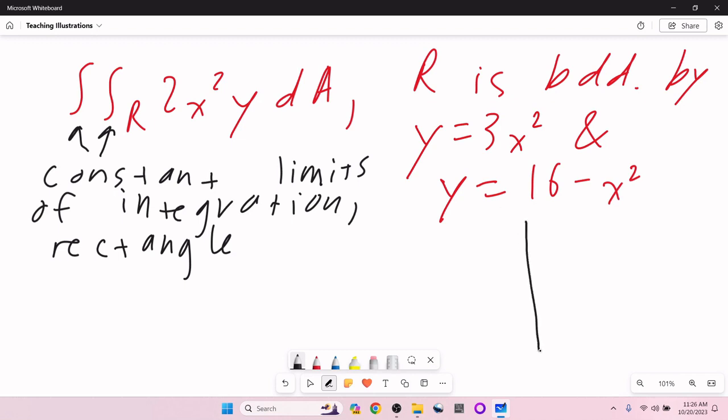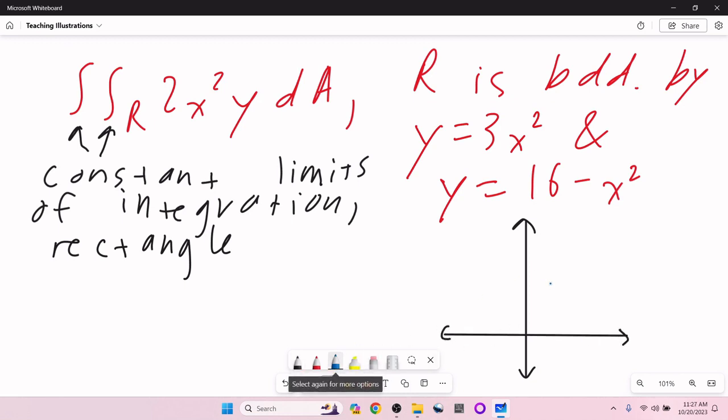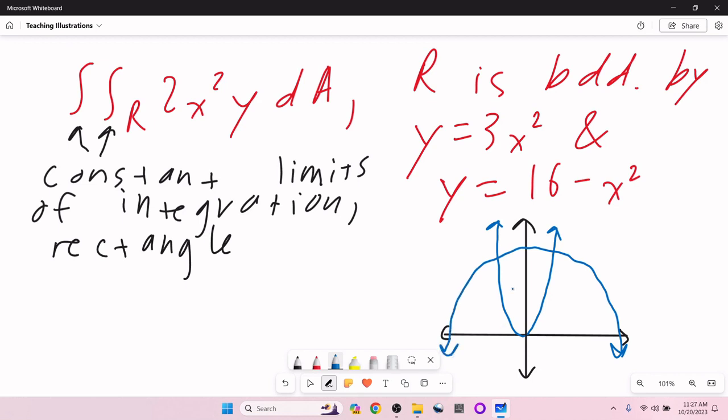In fact, let's see what it looks like. So this is a pretty common problem, would be to give you a region, give you the bounds, and figure out how to translate into a double integral. So we've got 3x squared, so that's like this. And I've got 16 minus x squared, which would be something like this. And so what is the region bounded by it? What region is enclosed by these two?